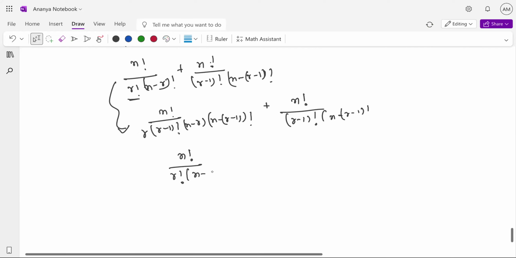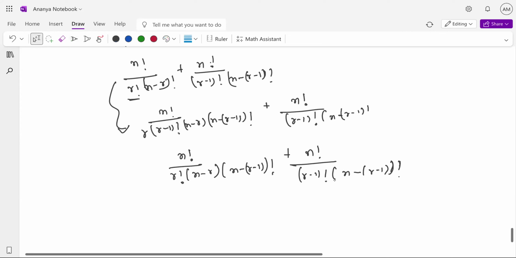It should be n minus r minus one factorial, plus n factorial divided by r minus one factorial n minus r minus one factorial. Is it?